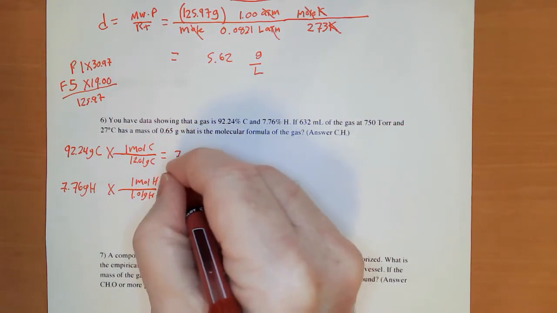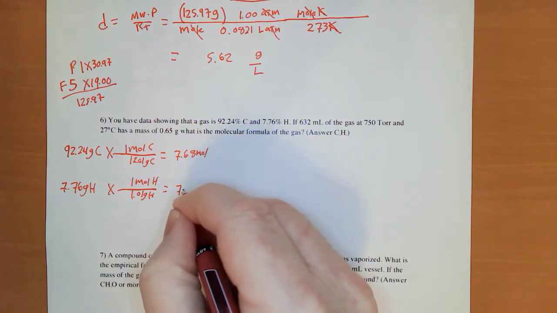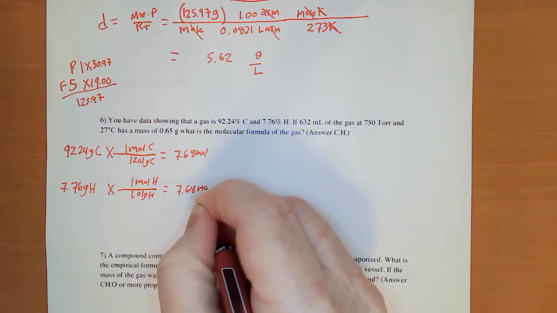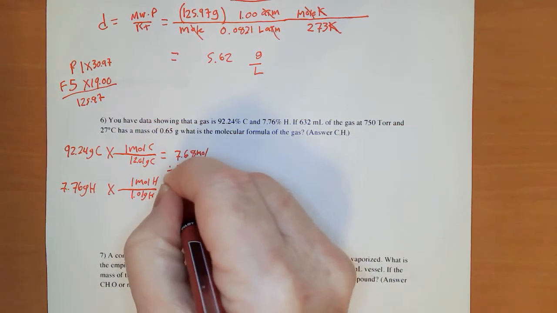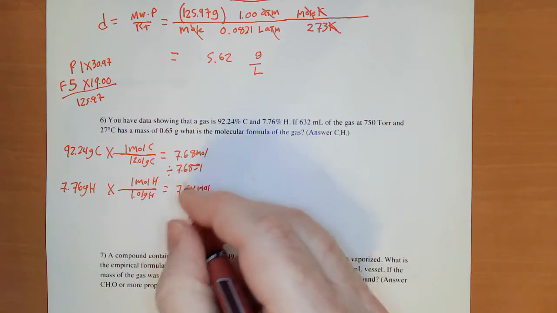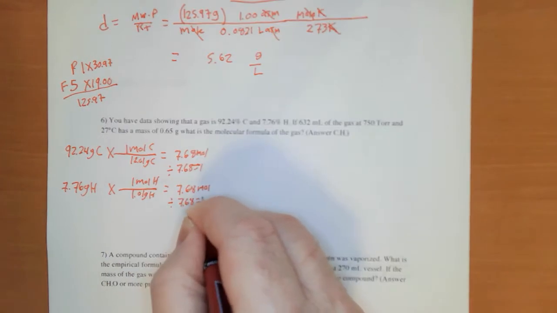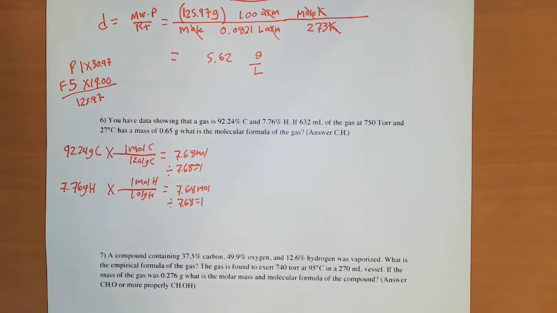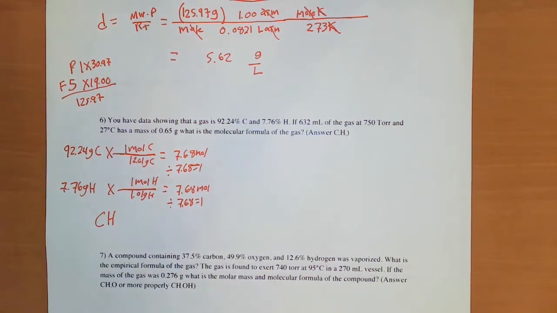So it's going to be 7.68 moles and 7.68 moles, which means I have a 1-to-1 ratio. I can divide by the smaller of those two numbers and get that, okay? So it's CH for an empirical formula.